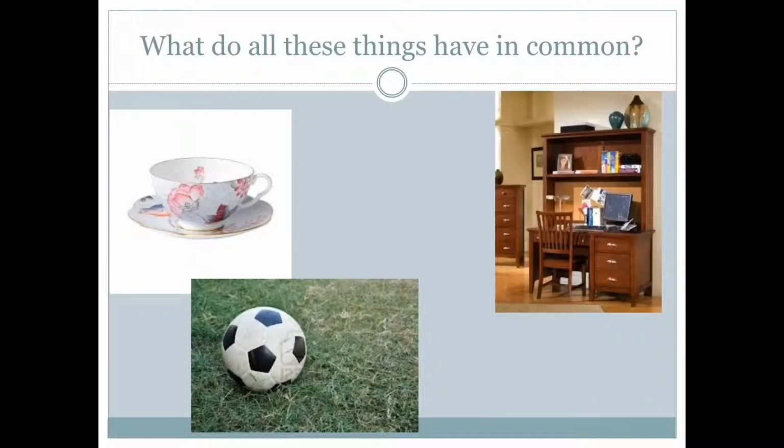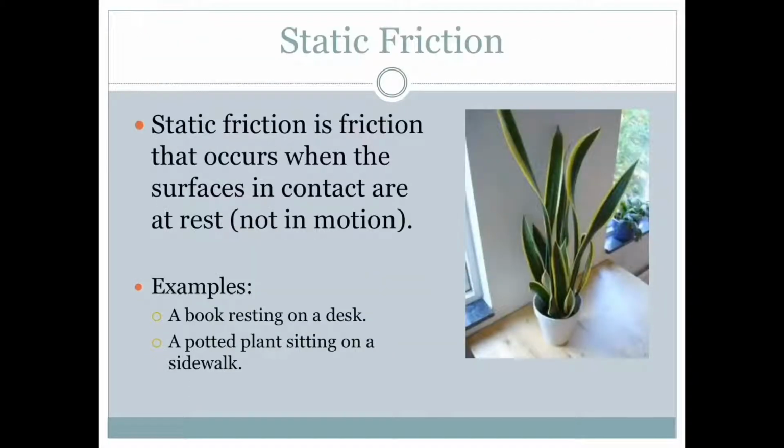So what do all these pictures have in common? Well, this teacup is sitting here not moving. Then we have this soccer ball sitting here not moving, and this desk and all the things on the desk sitting there not moving. So they all have the fact that they're not moving in common. Well, that is called static friction.